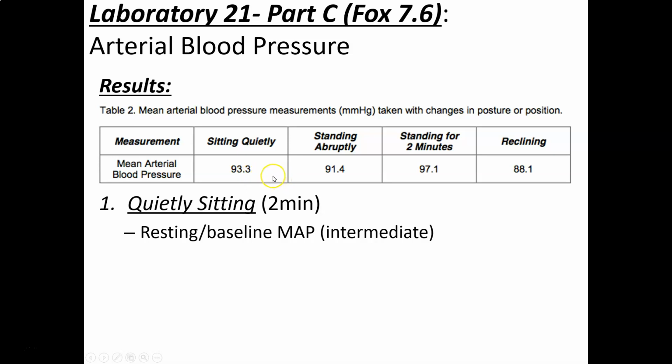Notice the highest was standing and the lowest was reclining, and sitting quietly and standing abruptly were kind of right in the middle. So when you're quietly sitting, you have this resting baseline mean arterial pressure, an intermediate measurement that we'll use as reference.